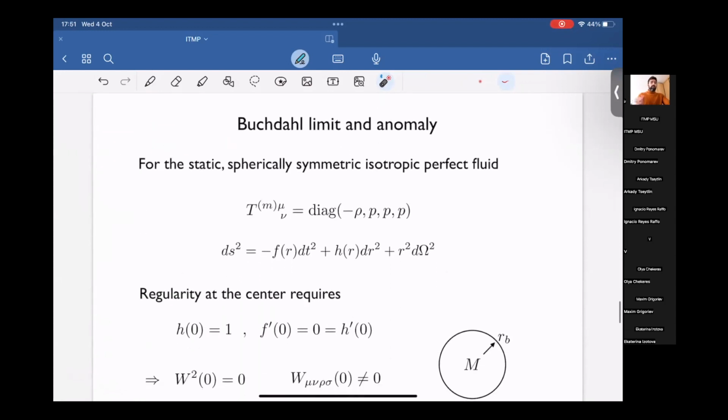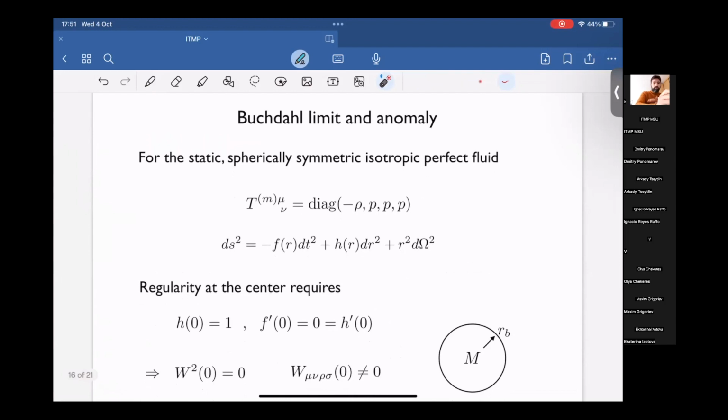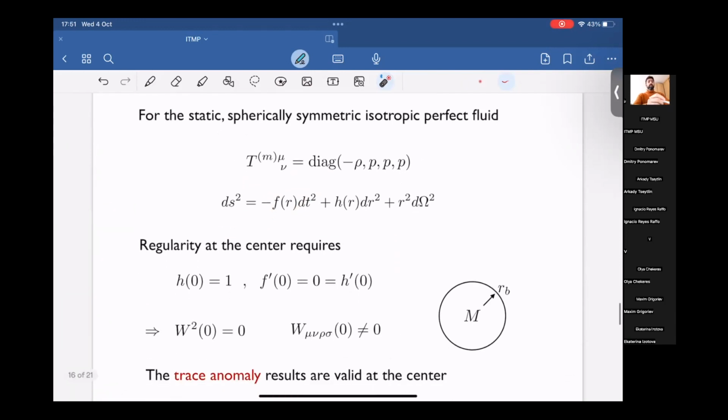So finally, let's go back to the anomaly. Again, under the same assumptions that we've been talking about, a static and spherically symmetric problem of a star. This is the classical stress tensor, this is the metric. One of the requirements that I had for my calculation of the trace anomaly, a long time ago I told you, is that I needed the Weyl squared to vanish for simplicity. And that actually happens here, at the origin.